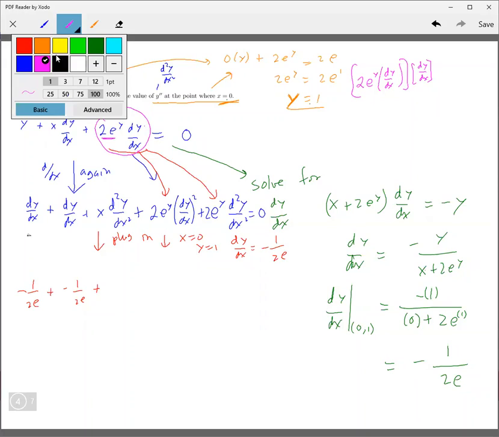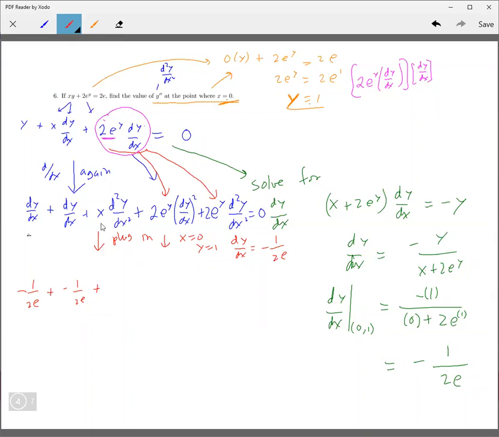Sure. Now we're plugging everything in, and this is really great because x is 0, so that just goes away. So that's just 0. Now this one, y was 1, so that's going to be 2e, and then you have dy/dx squared, so that's this right here. That's squared.